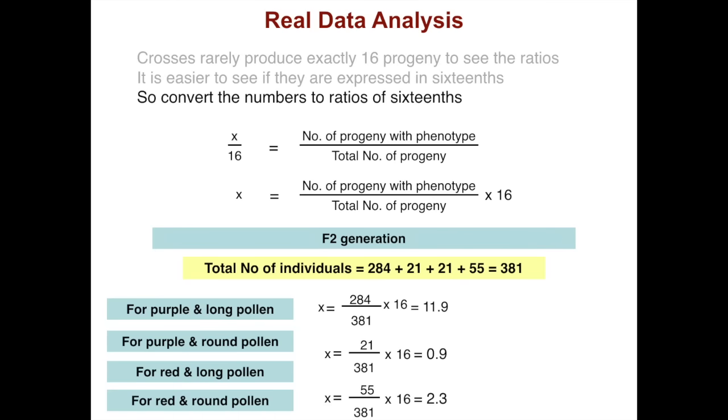And for red and round pollen, you get 2.3. So the ratio is 11.9 to 0.9 to 0.9 to 2.3. That is approximately 12 to 1 to 1 to 2, which is not the 9 to 3 to 3 to 1 ratio. So there must be some sort of linkage going on here.